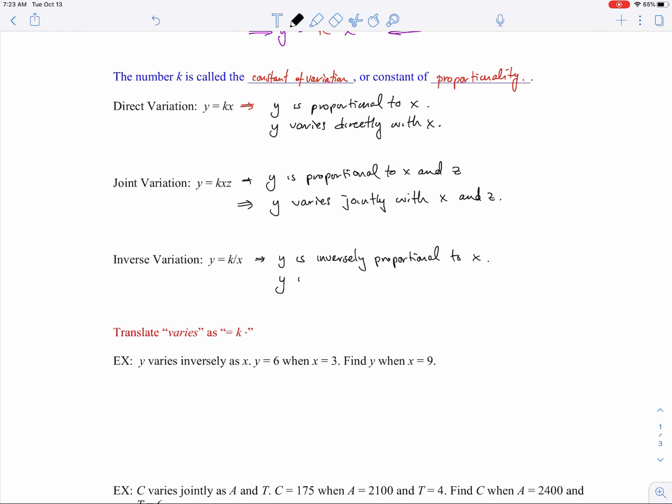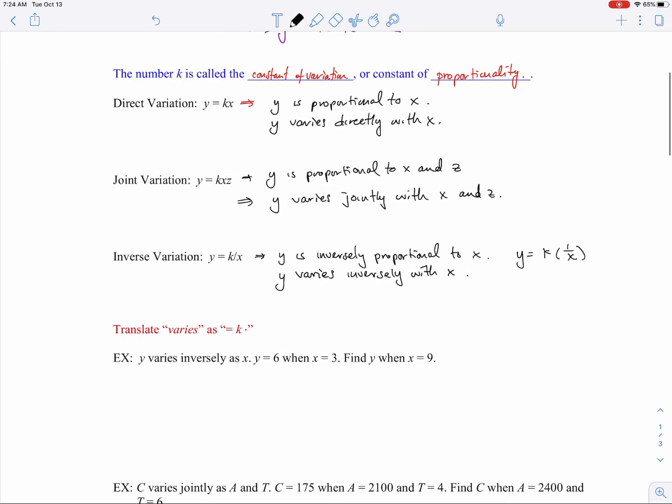Y varies inversely with x. And all that means is it's the same formula: y is proportional to the inverse of x.